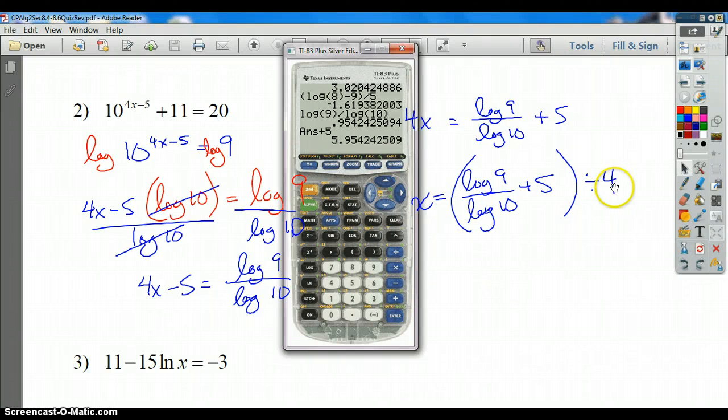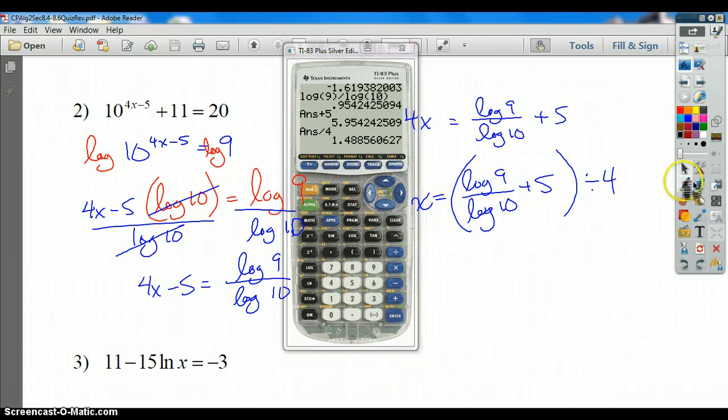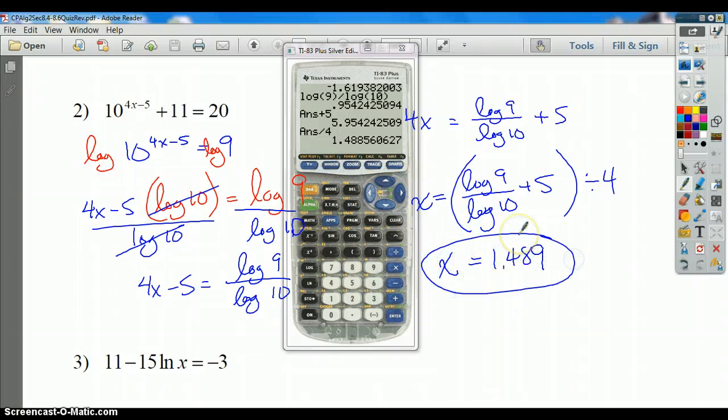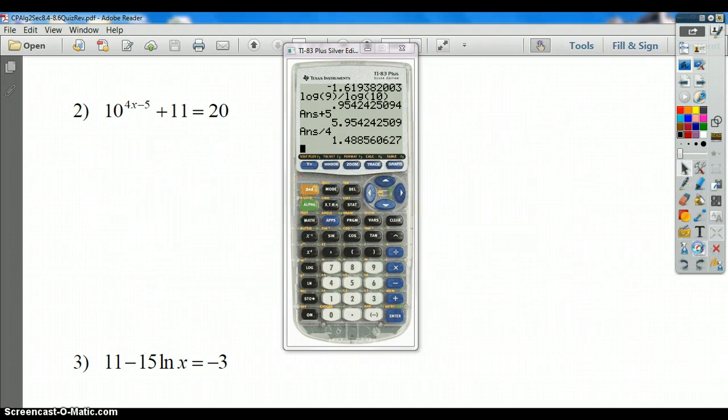I now divide by 4, hit enter. Now I can round that to the nearest thousandth. So 1.489. Voila. All right, so there's 2. But know how to use your calculators effectively. It makes life not so bad.